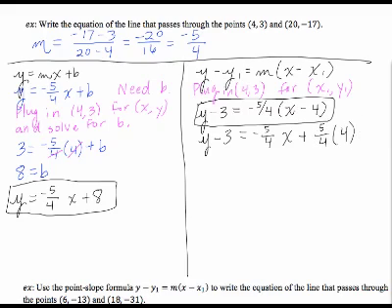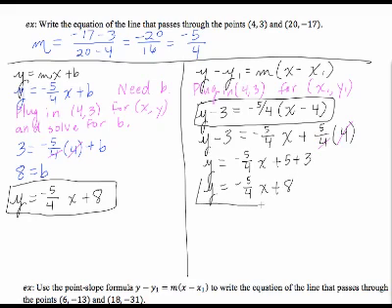Again, the 4's cancel. 4 divided by 4 is 1. And then we can add 3 to both sides. So we get y equals negative 5/4 x plus 5 plus 3, because the plus 3 is from moving this 3 to the other side. So you do get y equals negative 5/4 x plus 8, which is the same thing we have over here.